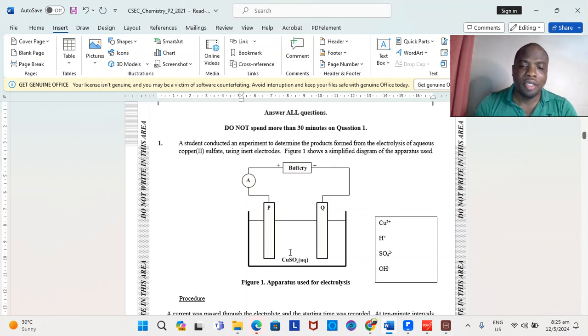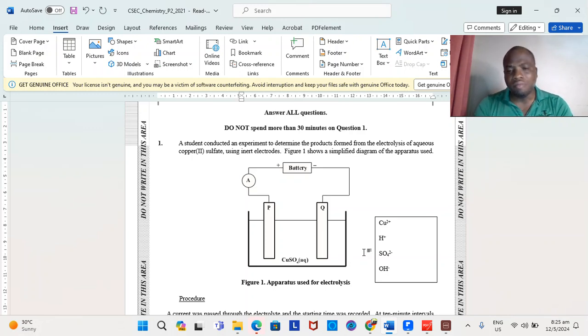The other thing, final, is the type of electrolyte. So if we had molten, then we only have the anions and the cations from that salt that you basically melt. And it wouldn't have any hydroxide or any hydrogen ions.